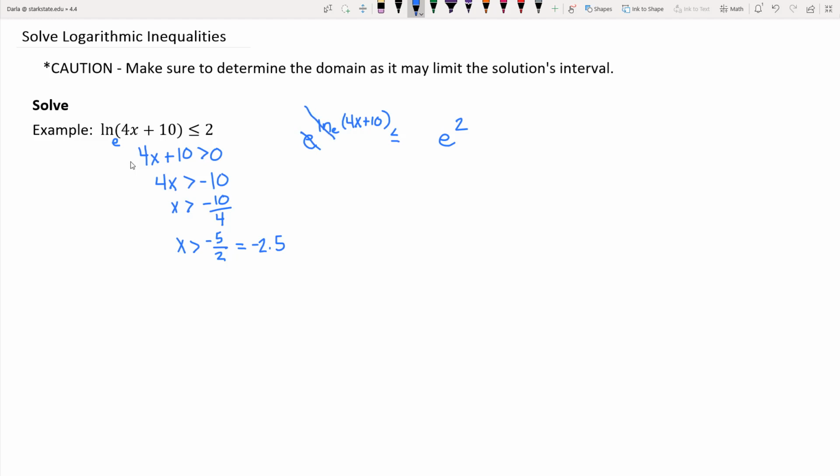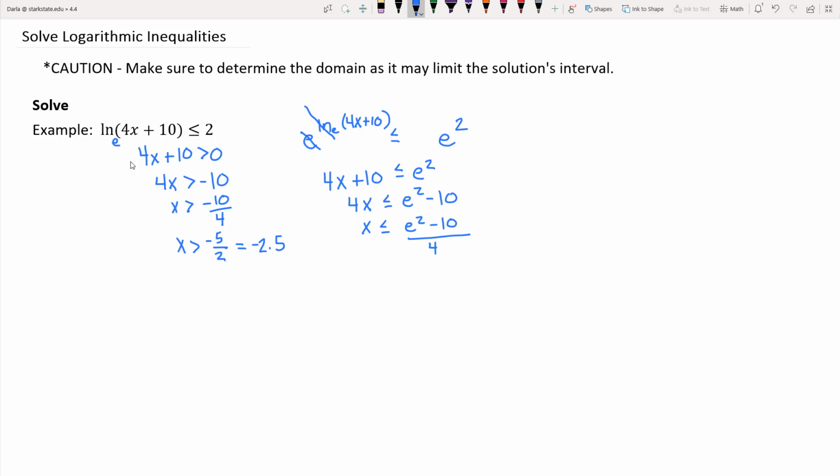So we can use that property and know that we're left with just that 4x plus 10, less than or equal to e to the second. We can subtract 10 from both sides when we go to solve for x. So we're left with 4x is less than or equal to e to the second minus 10. Divide by 4 on both sides. So x is less than or equal to e to the second minus 10 all over 4.